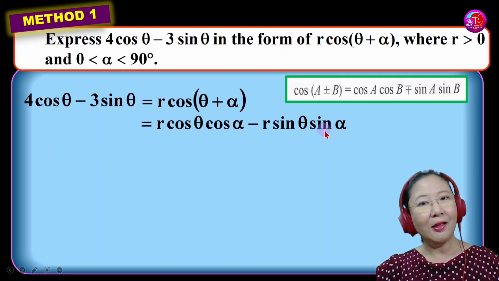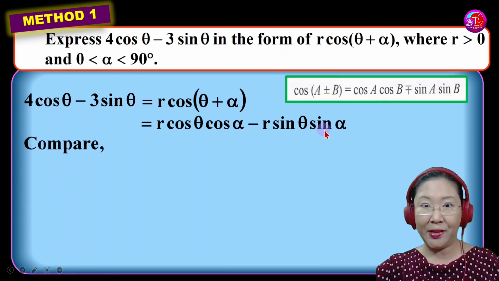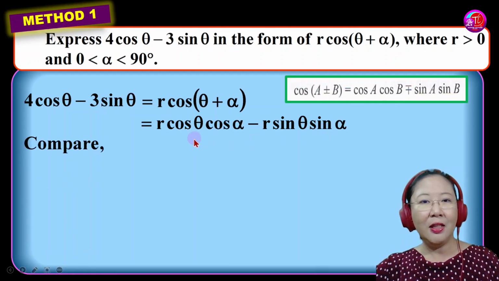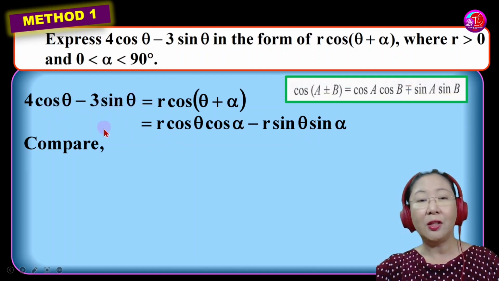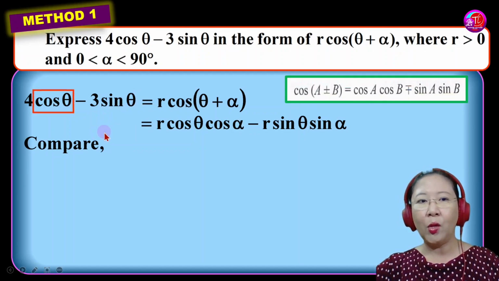Right, once we settle with the expansion, the next thing we are going to do is the comparison. We compare the formula that we expanded just now with the original question itself. So that will go like this.